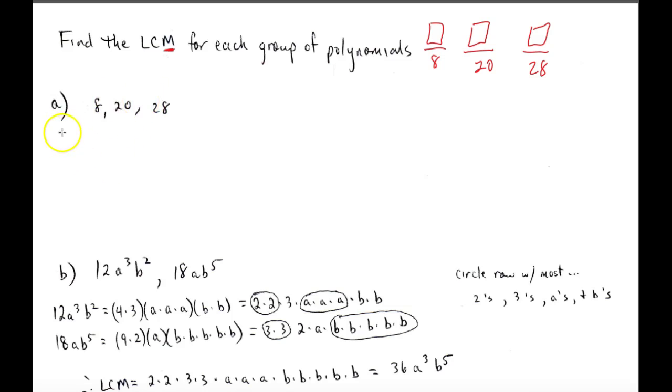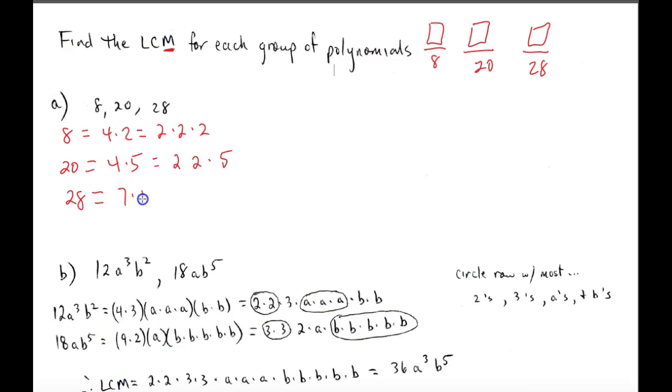We can take each expression and factor it into its prime factorization. And then we find from there the row, and what I mean by row is for the 8, the 20, and the 28, the row that has the most of each different prime factor, and then we circle all those. So 8 is 4 times 2, which is the same as 2 times 2 times 2. 20 is 4 times 5, which is the same as 2 times 2 times 5.